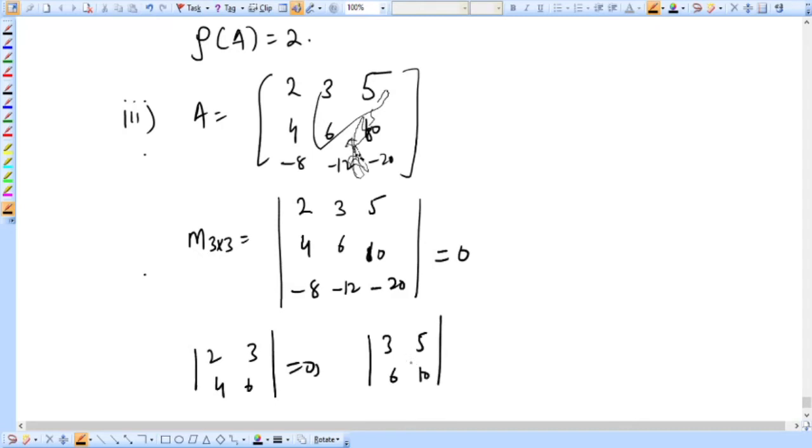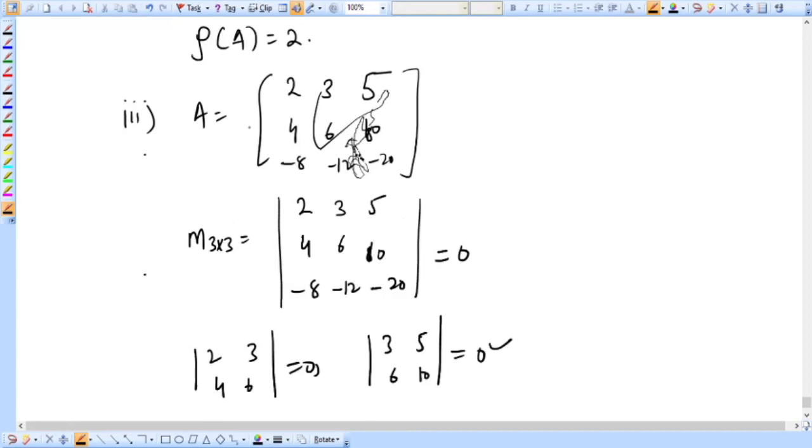Obviously 3 tens are 30, 5 sixes are 30, so it is also 0. And you see every minor of 2 by 2 in this case is 0. So the rank is not 2, it is even smaller than 2. You just check it out, all the minors in this case are vanishing.